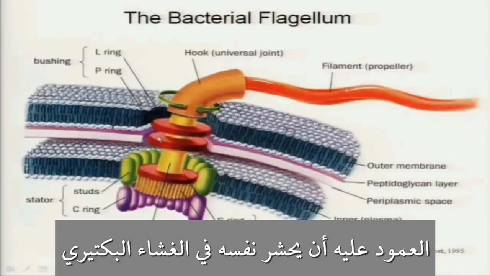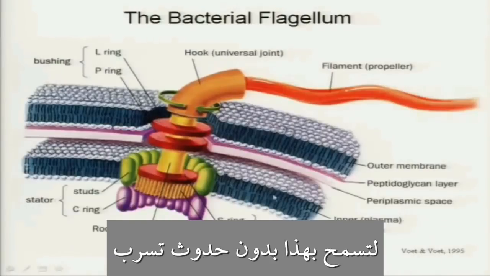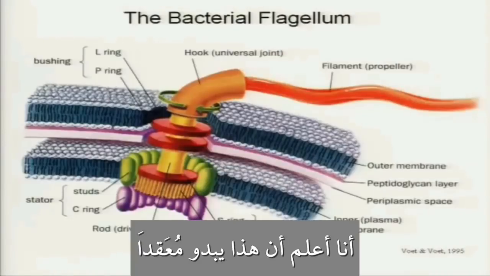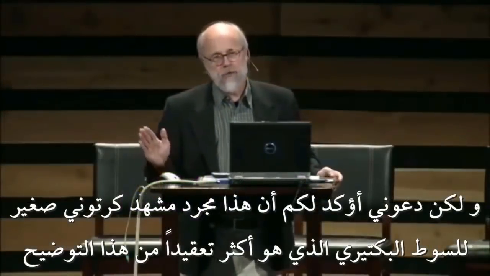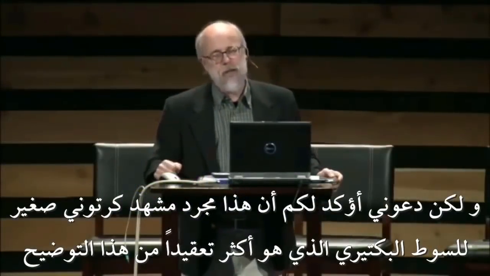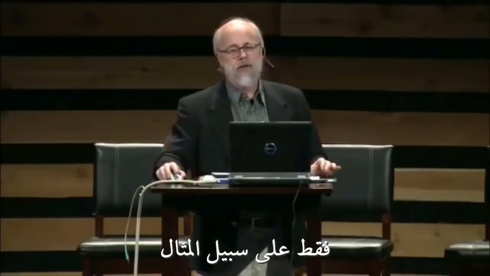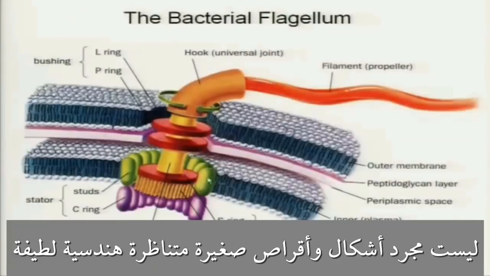The drive shaft has to poke up through the bacterial membrane, and so some parts act as bushing material to allow that to occur without leakage. And I know this looks complicated, but let me assure you, this is just a little cartoon view of the bacterial flagellum. It is much more complicated than this illustration appears. For example, the parts of the flagellum are not these nice little symmetrical geometric lozenge shapes and discs and so on.